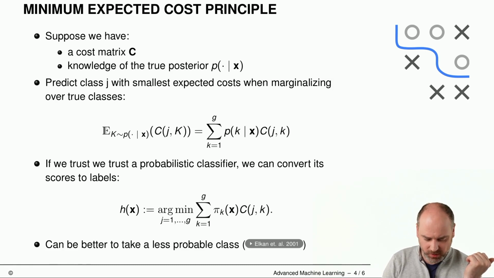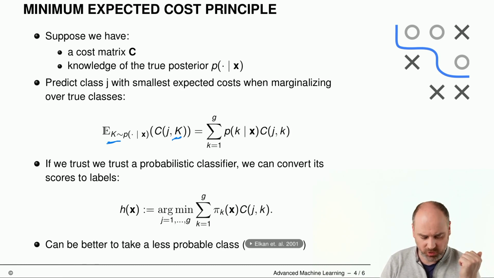The only thing we'll do here is pretty simple maths. We compute the expected value when we integrate out over our true class. We assume that this comes from the true posterior distribution that we have access to.